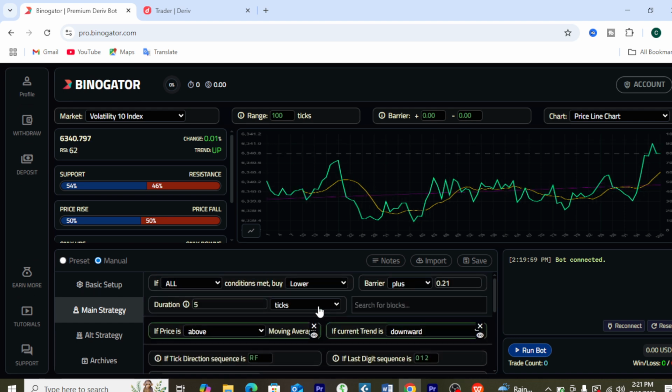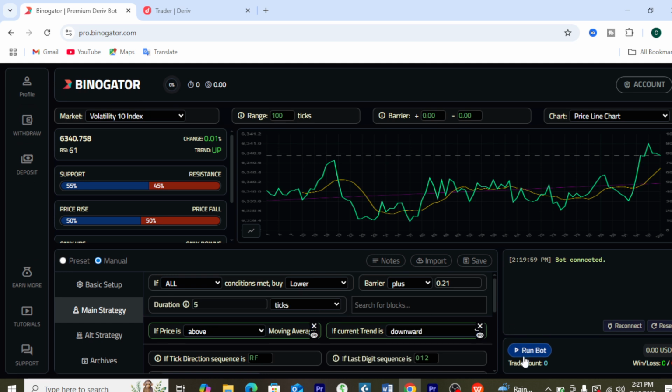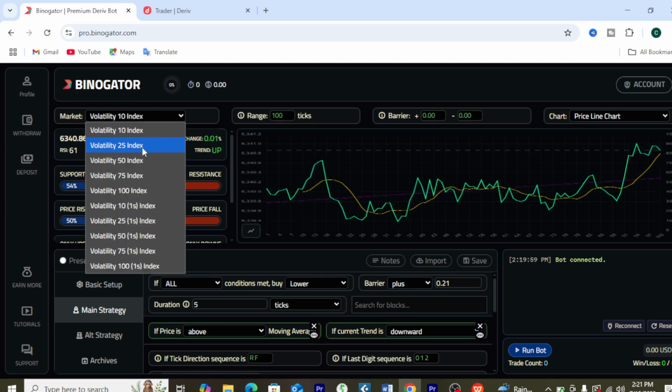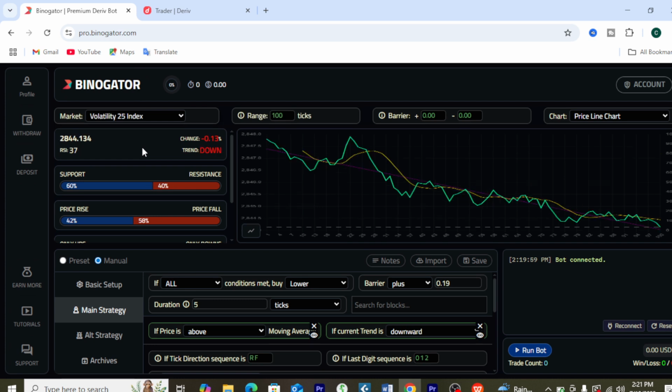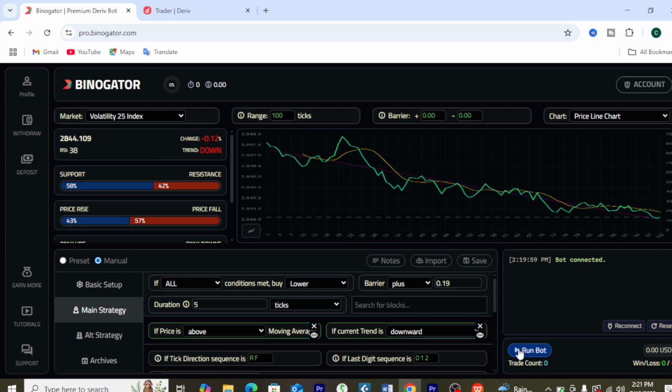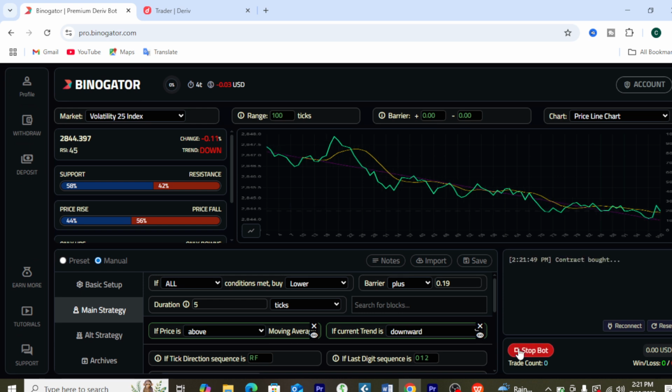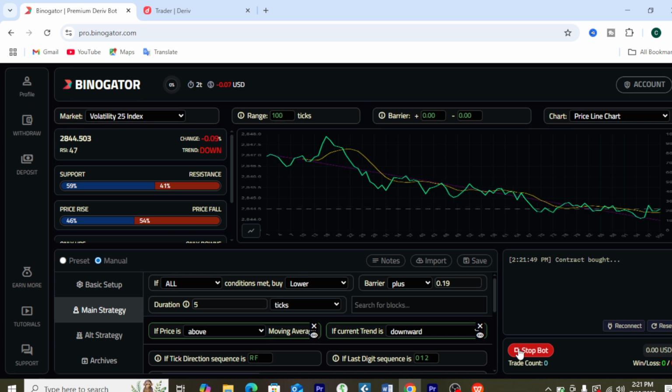Duration 5 ticks. So I'm going to run this strategy now, and the market I'll be using is the volatility 25 index. So let's run the bot and let's see what's going to happen.